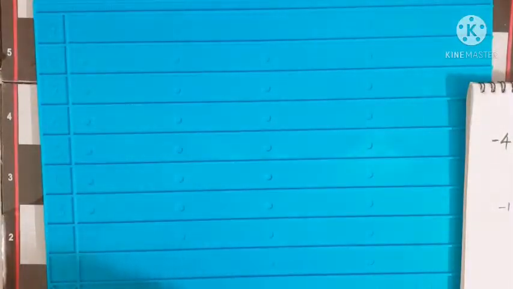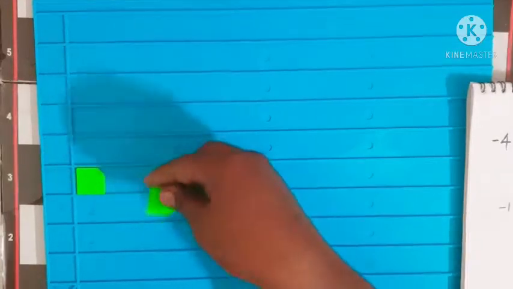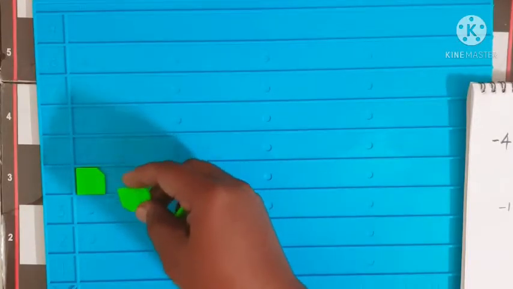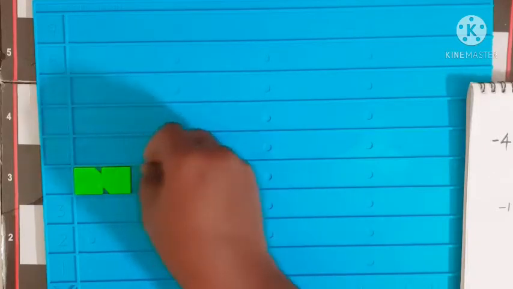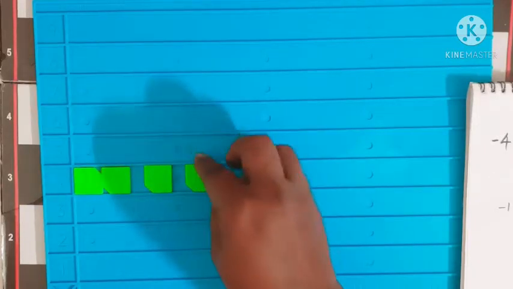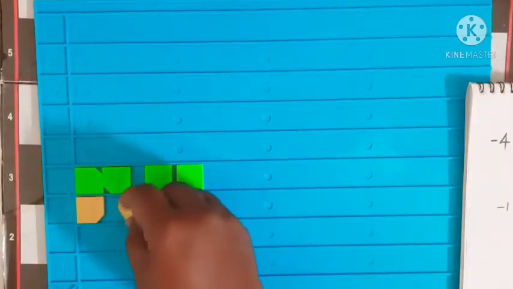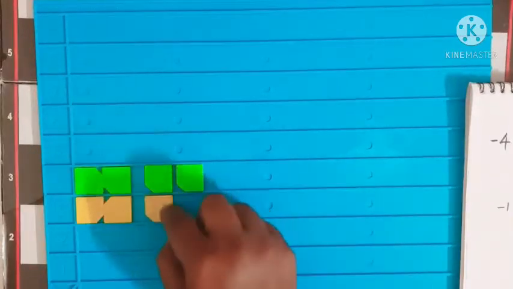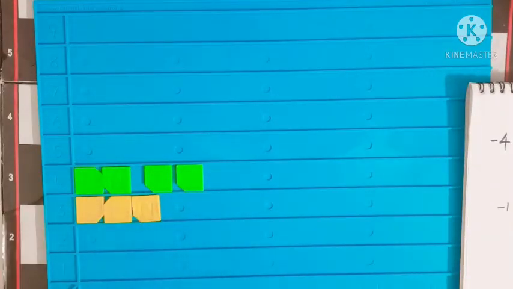So here what I do is I put 1, 2, 3, 4. And positive is +3. So 1, 2, 3. Yes, so positive is +3.